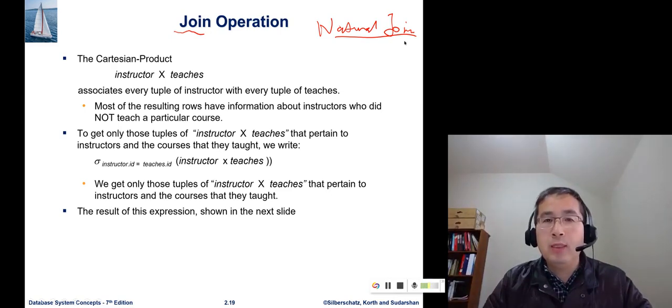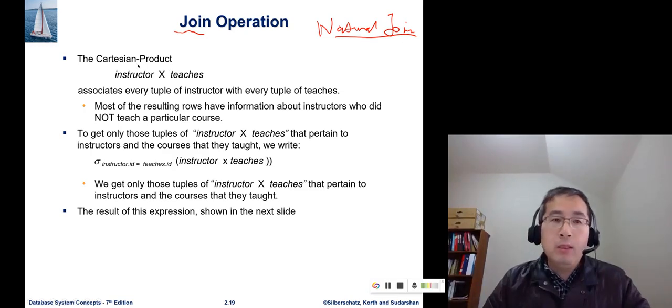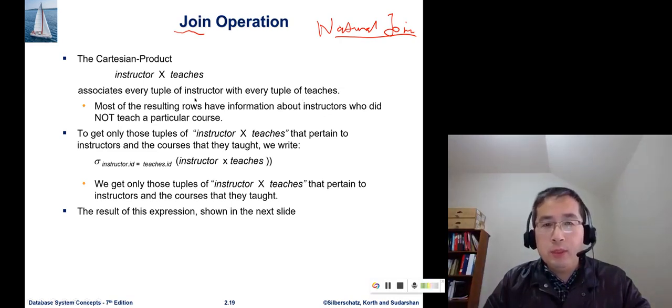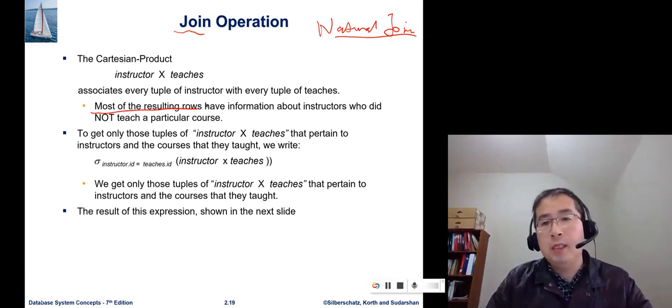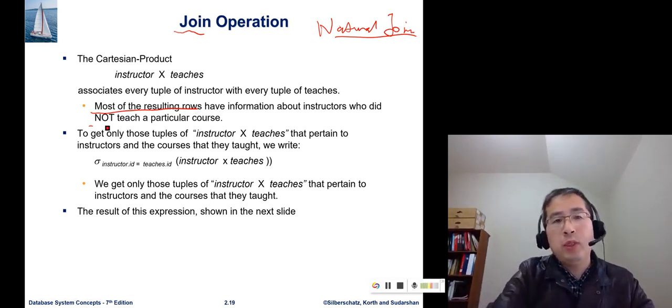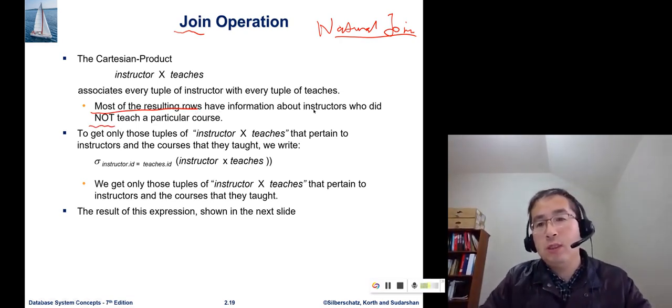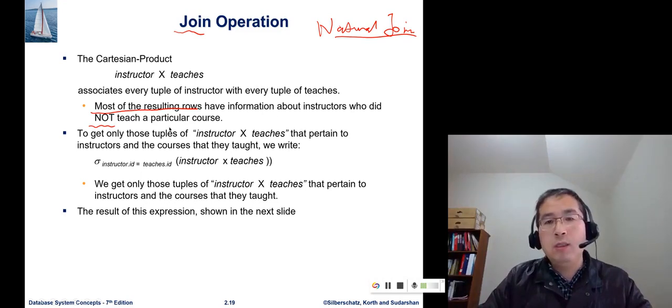Okay. So in the Cartesian product, we associate every tuple of instructor with every tuple of teachers. But the problem is that most of the results are not useful, because the instructor did not teach that course.